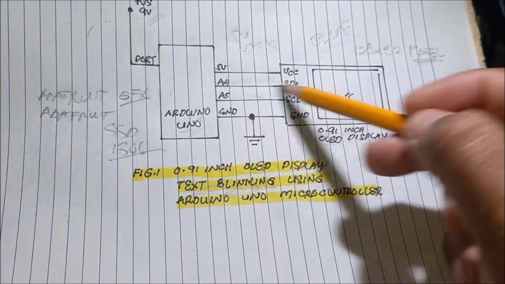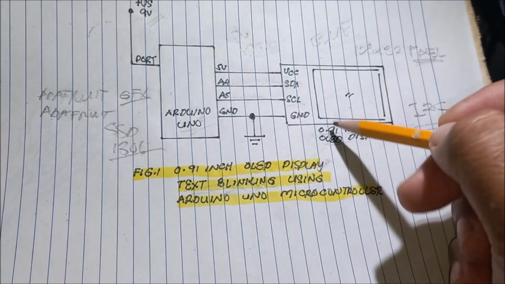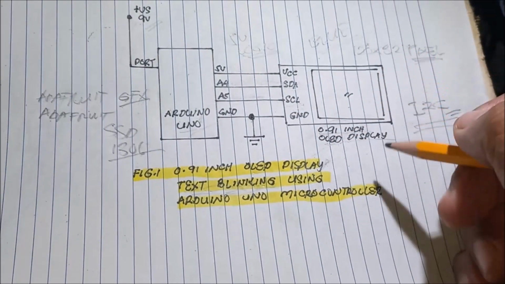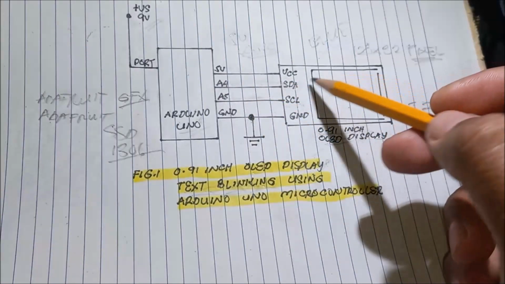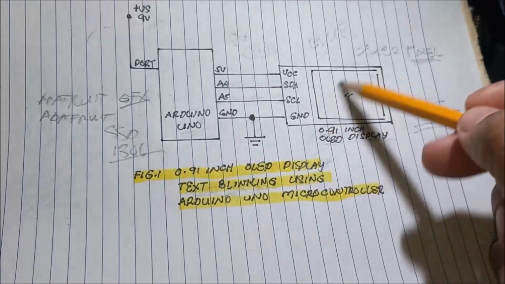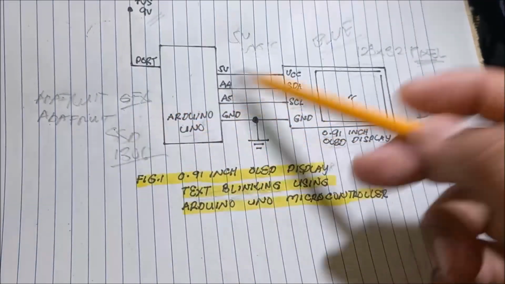The communication here would be half duplex, or just simplex, one way. This is just the output of what we have in the code.